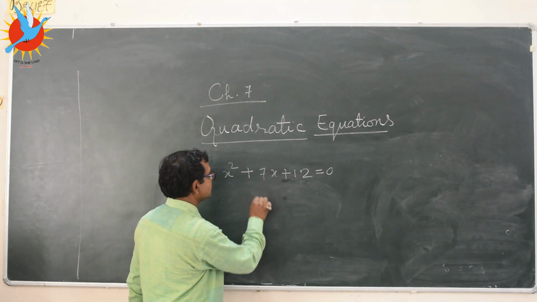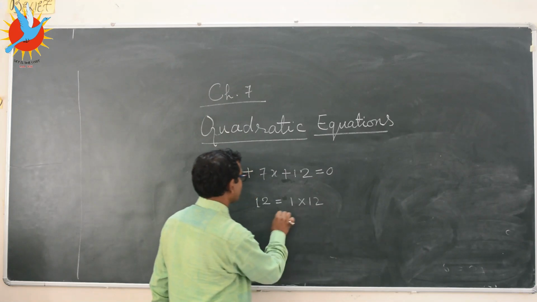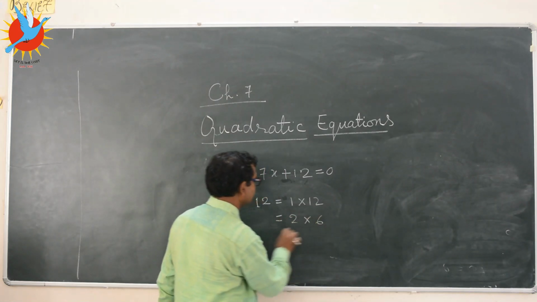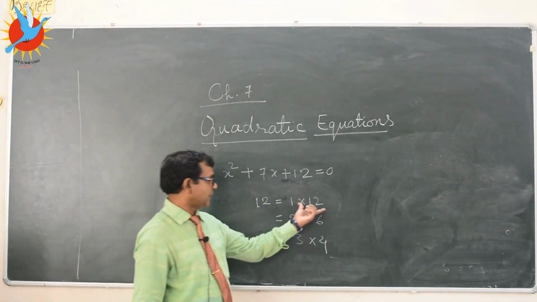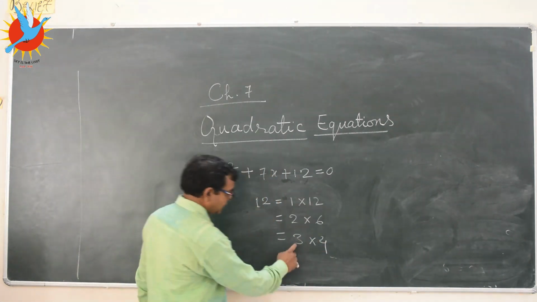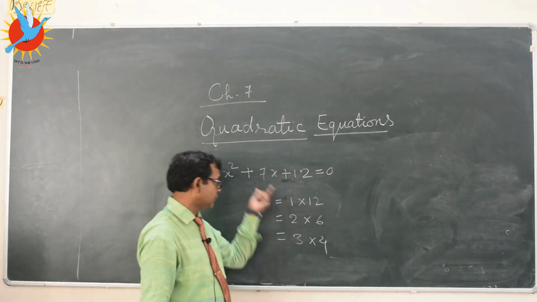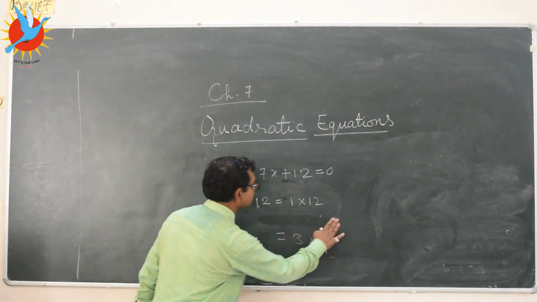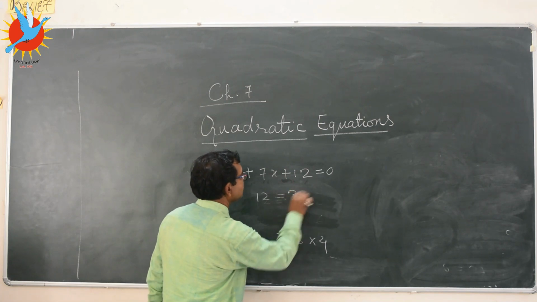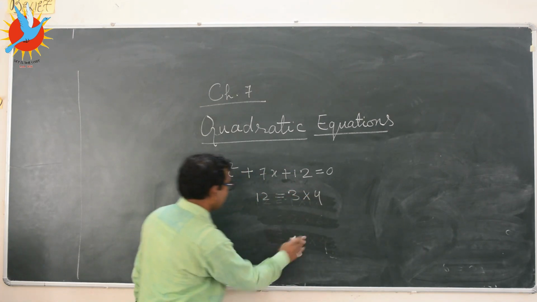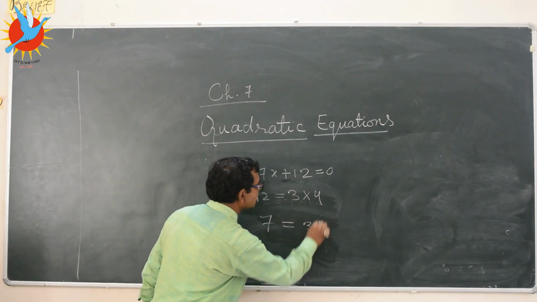If you break this into two parts, there are so many factors: 1 into 12, 2 into 6, 3 into 4. Out of these factors of 12, 3 plus 4 would be equal to 7. So we will take 3 plus 4 at the place of 7. So 12 equals 3 into 4 and 7 equals 3 plus 4.